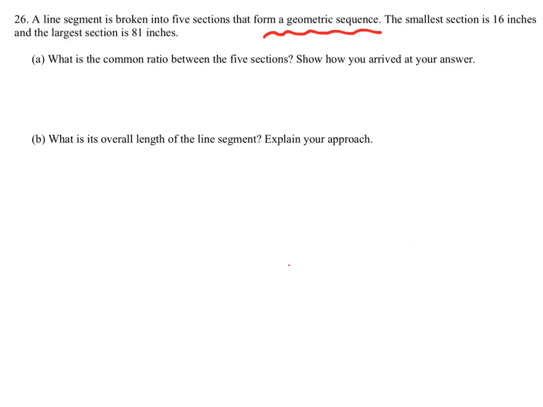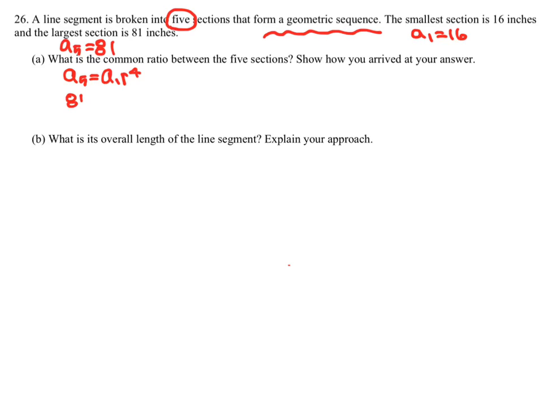So a line segment is broken into forms a geometric sequence. Smallest one is 16, so that means a sub 1 is equal to 16. And 5 of them, so last term, longest one is a sub 5, which is equal to 81. How do you find r? R can be found by using the formula a sub 5 must be equal to a sub 1 times r to the 4th power.